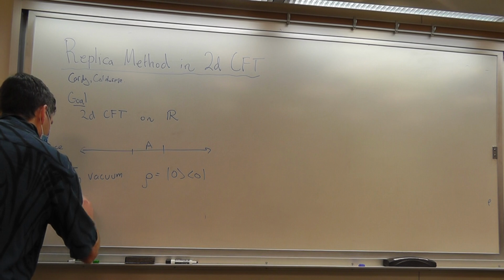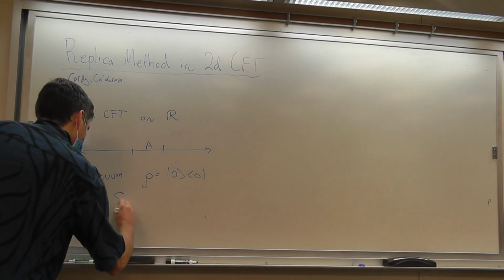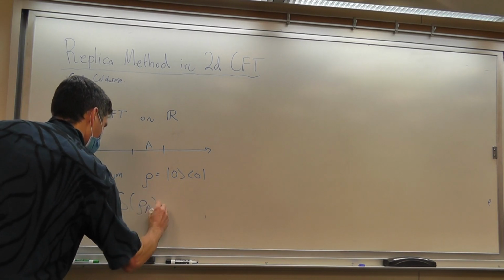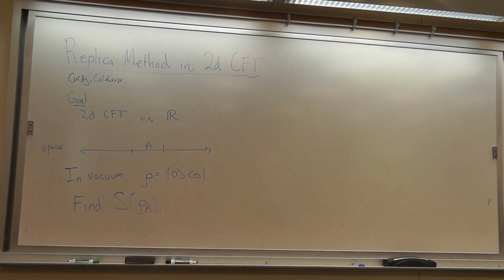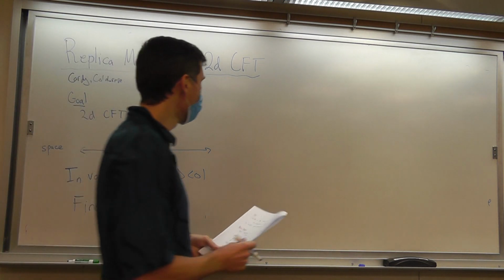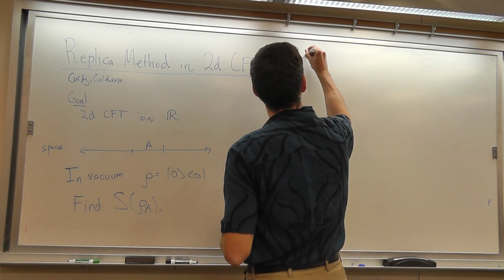And our goal is to find S of rho A, the von Neumann entropy of region A. We're going to do this by the replica method.